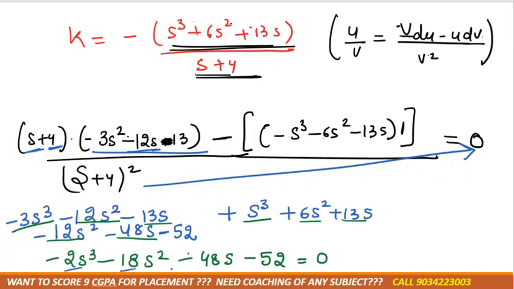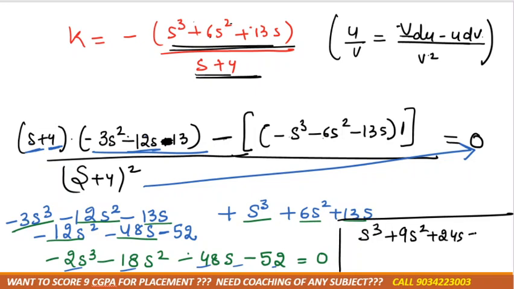Now if I take 2 common from all this, if I divide the equation by 2, then the equation would be s cube plus 9s square plus 24s plus 26 equal to 0, correct? So what we got, the final equation: s cube plus 9s square plus 24s plus 26 is equal to 0.